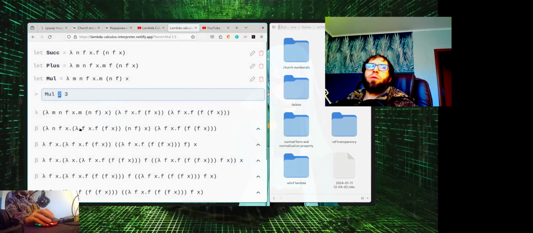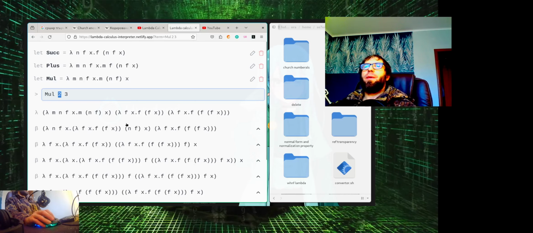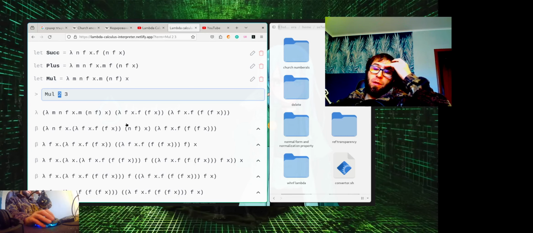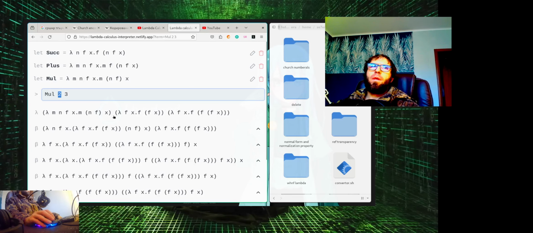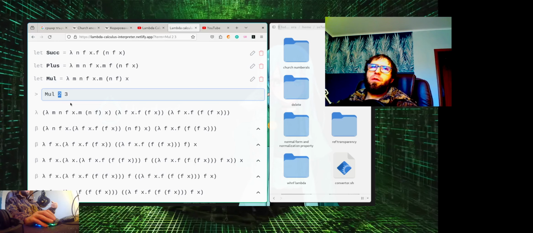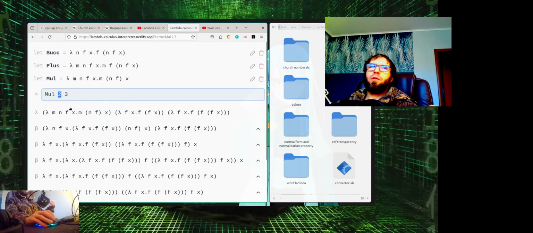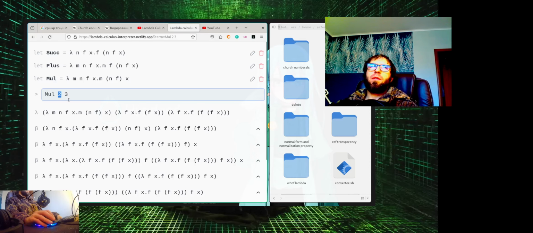And we need, of course, to understand the evaluation strategy which is implemented here. Here normal order reduction is implemented. This means that they choose at first the leftmost outermost term, which is actually this term, and they apply this term.